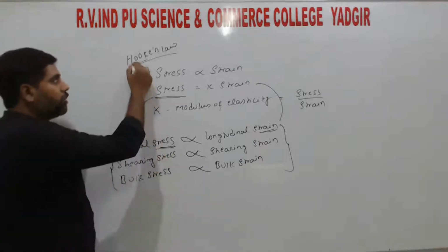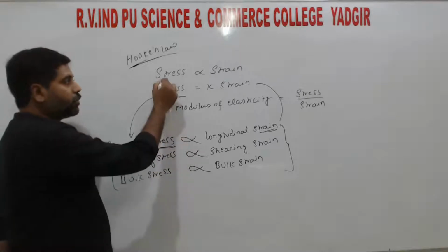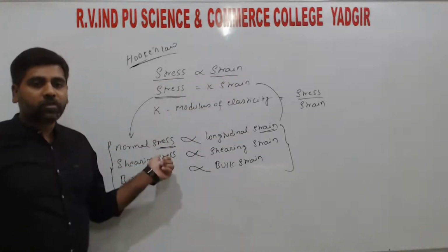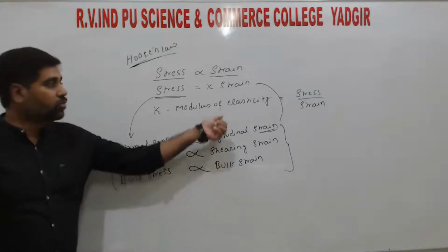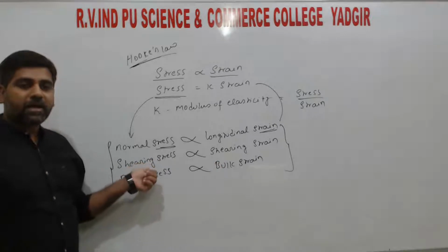We applied these similar to Hooke's law. The general statement is that stress is directly proportional to strain. Here we have three types of stress and three types of strain, and these strains are obtained when these stresses act on the material.